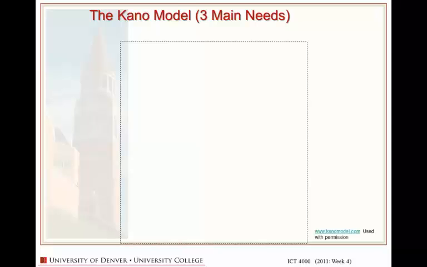Kano was able to identify 3 types of needs, and understanding these needs is done through plotting the needs across 2 dimensions. The first is on the vertical axis, and that is where we plot customer satisfaction. It ranges from highly satisfied at the top through neutral to not satisfied at all at the bottom.